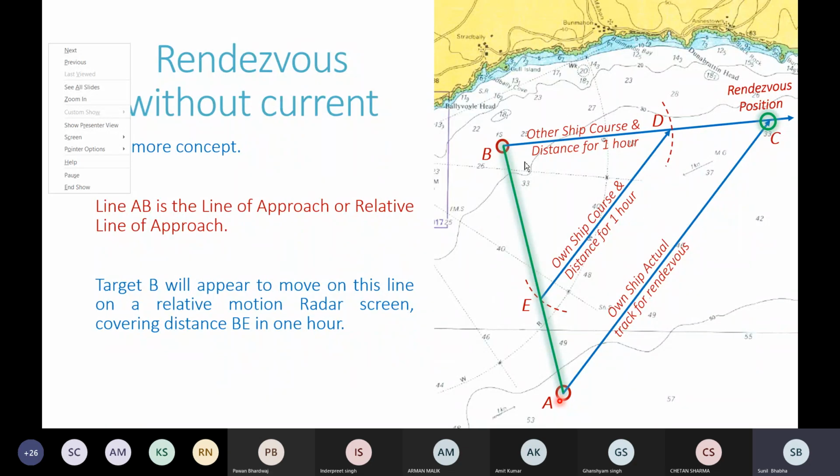They have given us the target course and speed. They have also given us the own ship course and speed. हमें अब line of approach को ढूंढना है. So this is how the question is changed. So अब हम देखेंगे कि with these two given to us, that is Bravo Delta is given and Delta Echo is given, हम ये line of approach कैसे बनाएंगे?